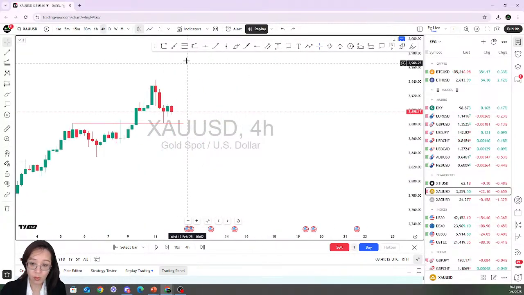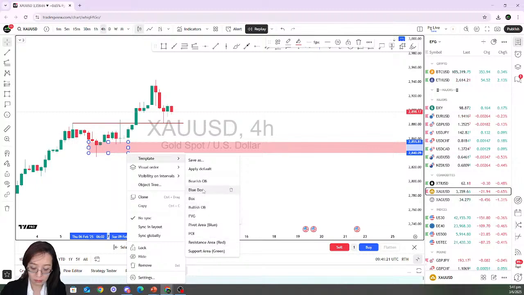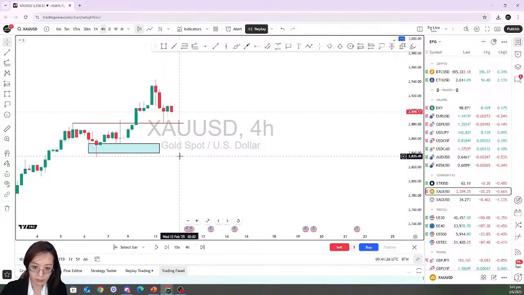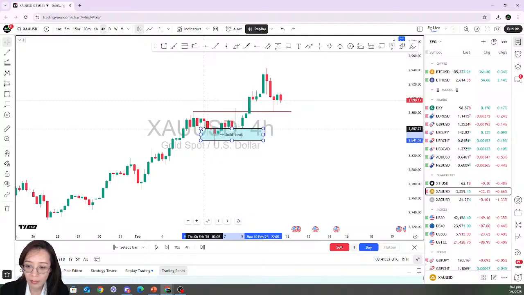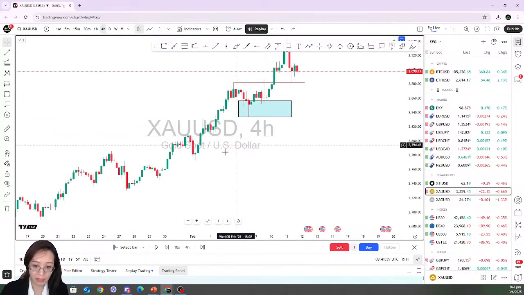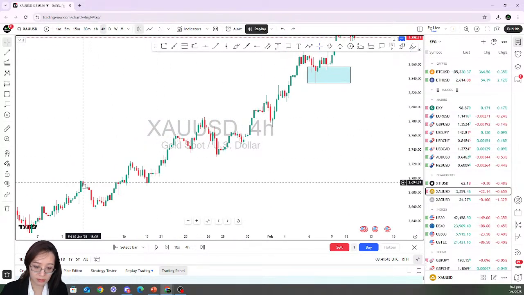You also can call this your multi-swing low support. This is multiple touches right here, like here, over here. This is your support area, multiple touches, and this one as well. This is resistance, and this is support.